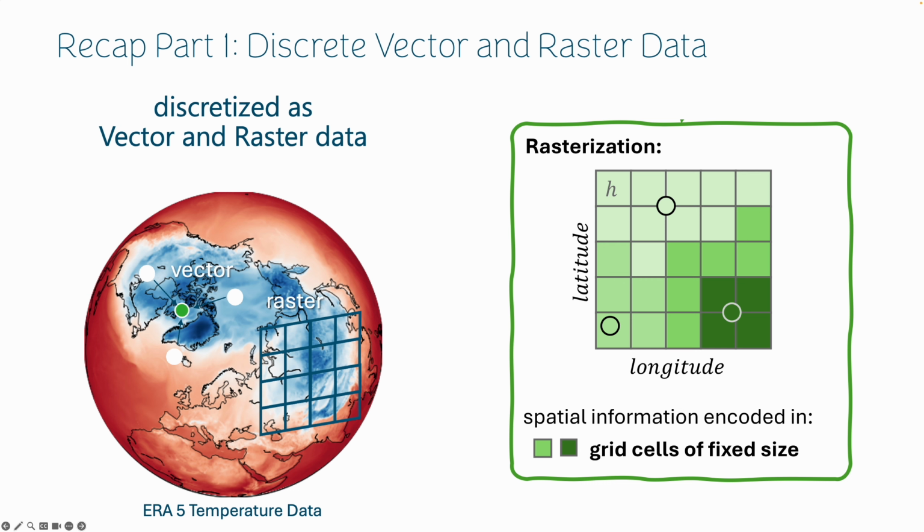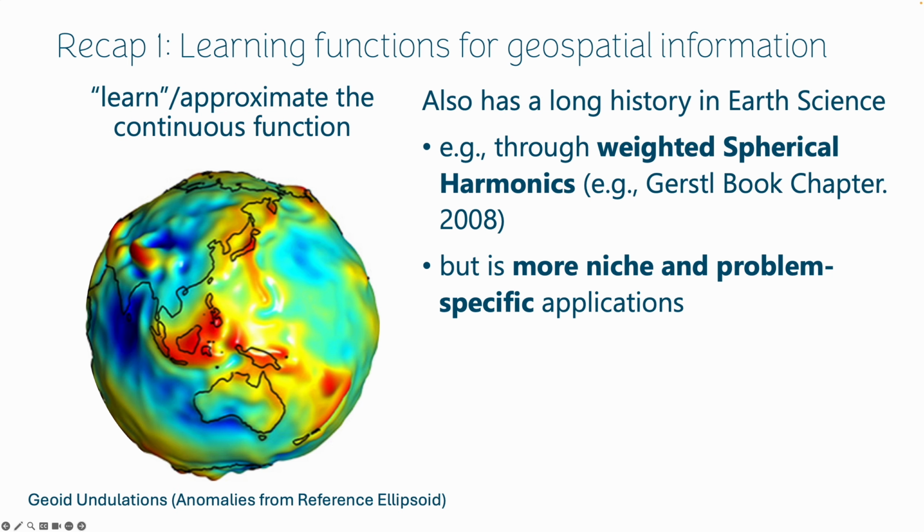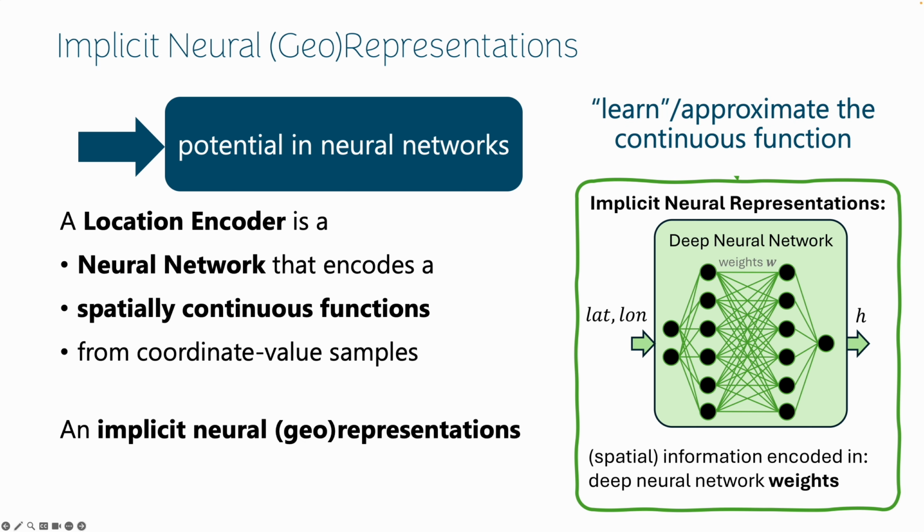But there's the second idea of actually approximating this underlying continuous function with a family of functions like spherical harmonics that allow us to do that as a set of basis functions. Especially in this second field of approximating continuous geospatial functions, there's a potential in neural networks, basically to use neural networks as the new family of very effective universal function approximators to store geospatial information in their weights. And that is essentially a location encoder.